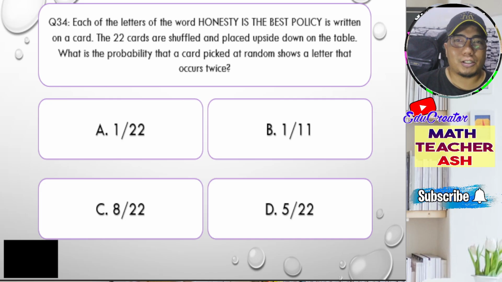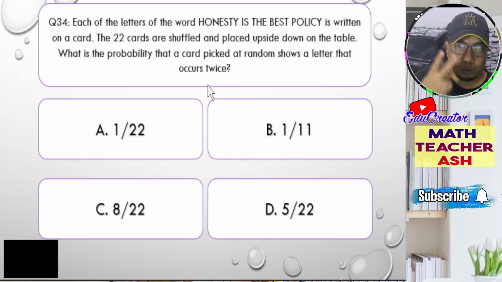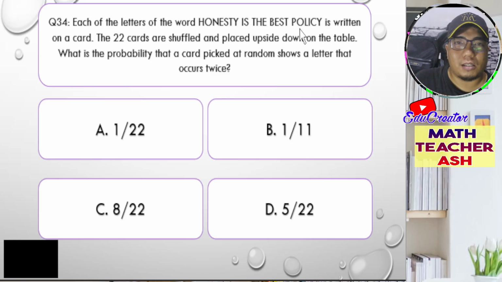Alright, math learners, the first thing you should do here in order to answer this question is to check what letters occurred twice, meaning 2 times. If we check the letters in "honesty is the best policy," there are letters that are repeating, but some repeat only once, some twice, and some 3 times.